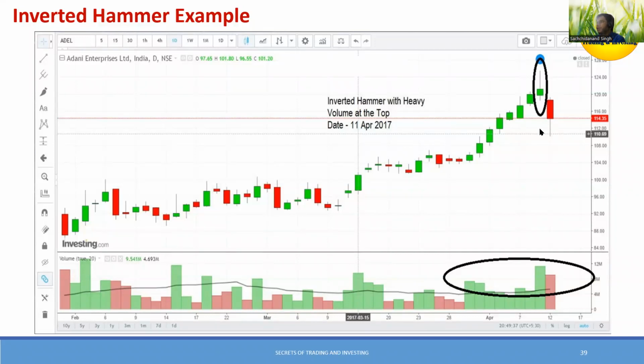And this is again the daily chart. If you look at the volume also, the volume is very high. We are going to learn volume separately, but as of now, see that if the candlestick pattern is supported by good volume, it adds more conviction to the prediction.